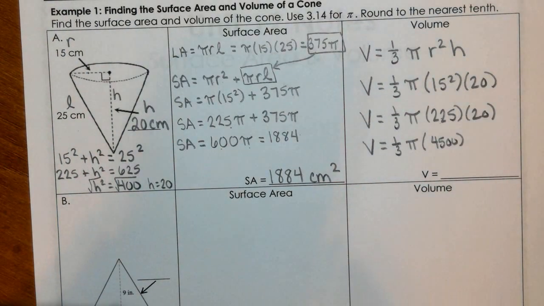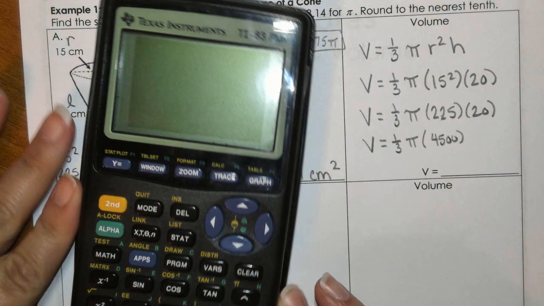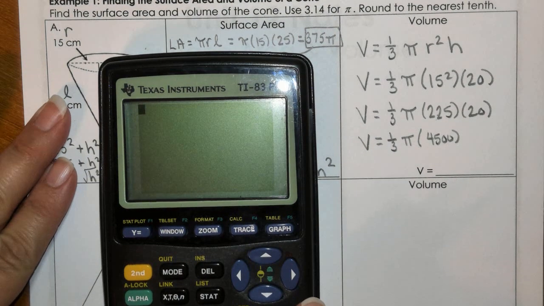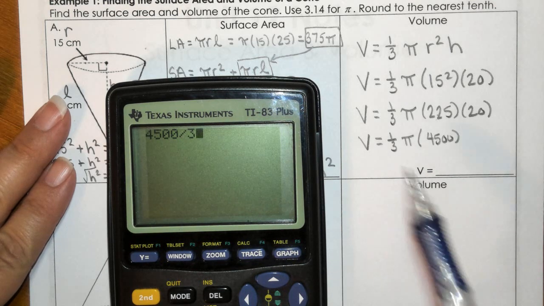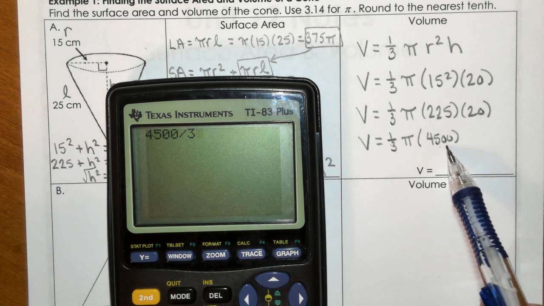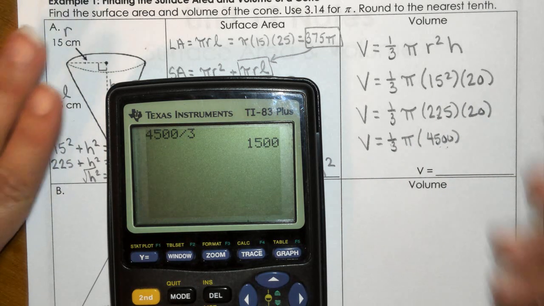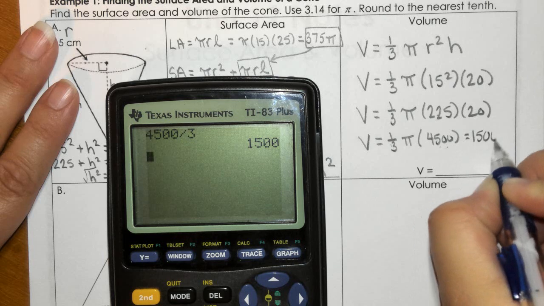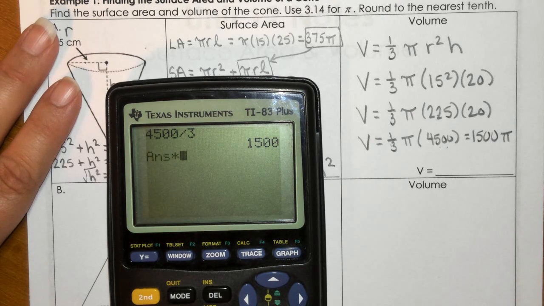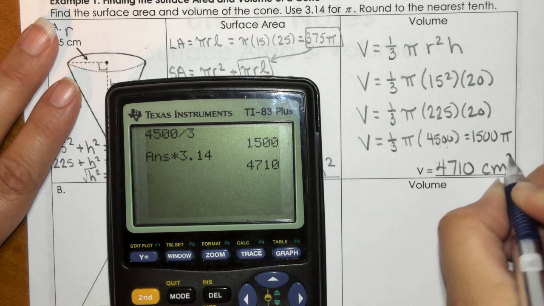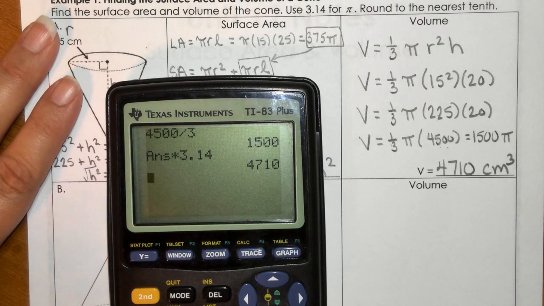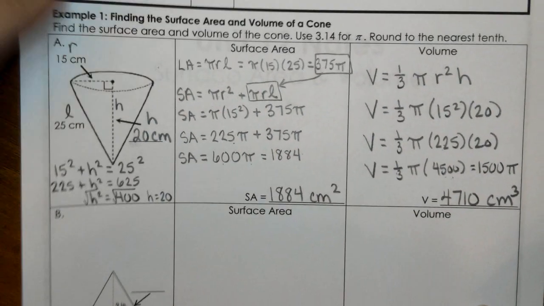So to solve this, I would do the 4,500 divided by 3, because 1/3 of 4,500 is 4,500 divided by 3. And this gives me 1,500 pi. So I'm just going to times that by 3.14, and we get 4,710 centimeters cubed. Okay, moving on.